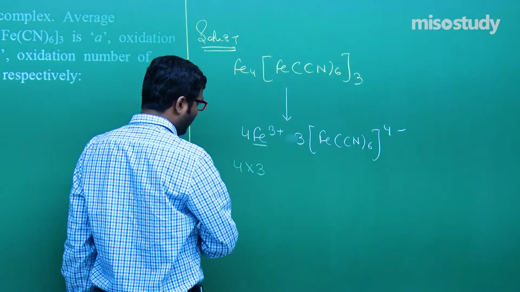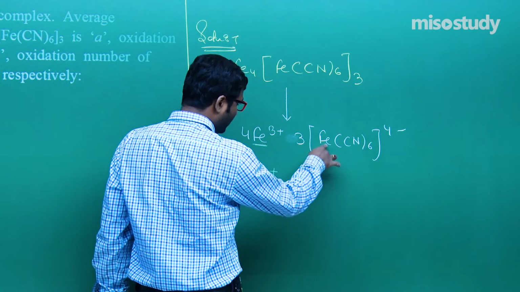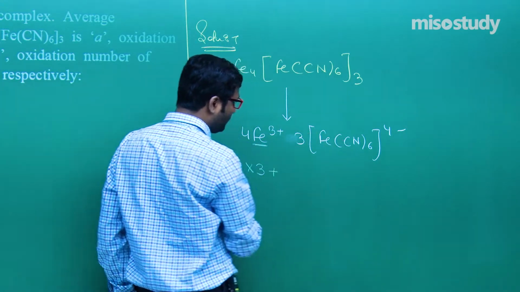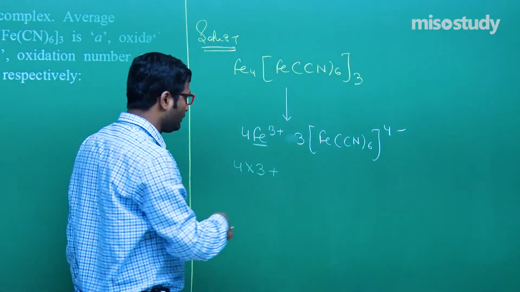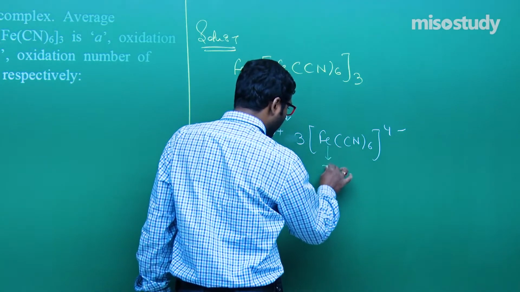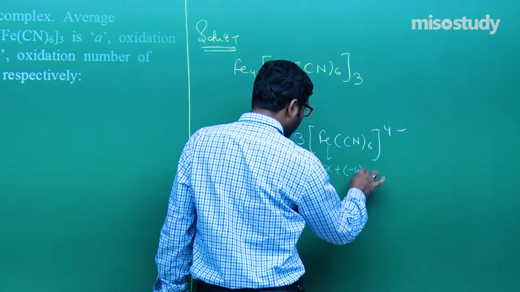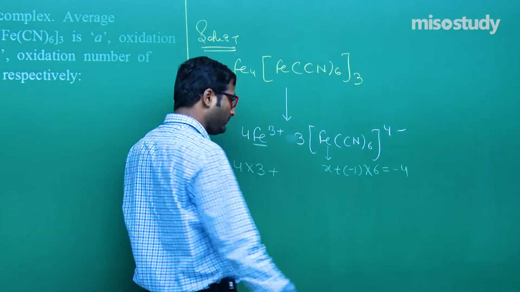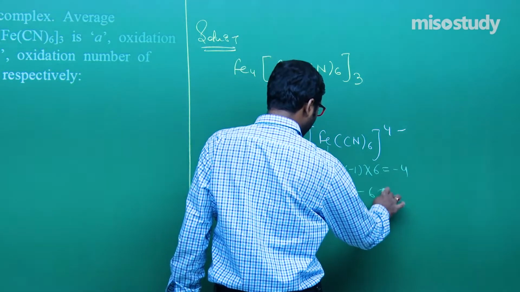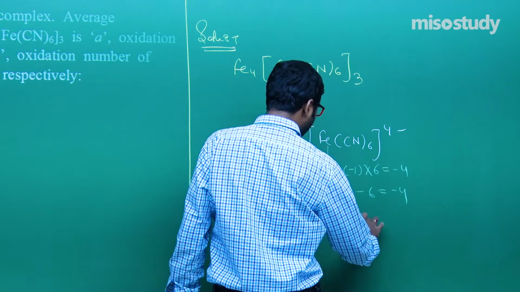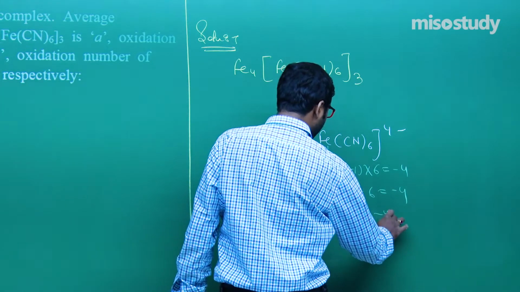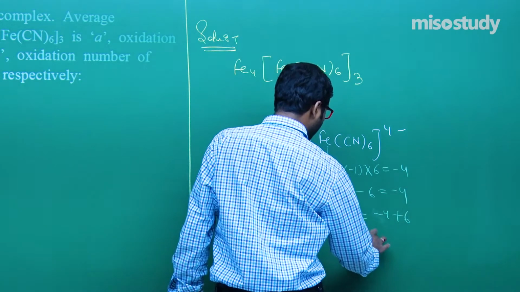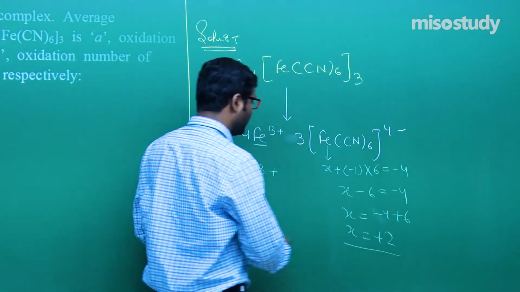And here Fe is in the +2 oxidation state. Do you need to find it out? Find it out: X plus (-1) into 6 is equal to -4. X minus 6 is equal to -4. X is equal to -4 plus 6. X is equal to +2 oxidation state.